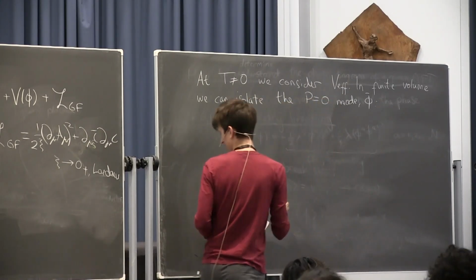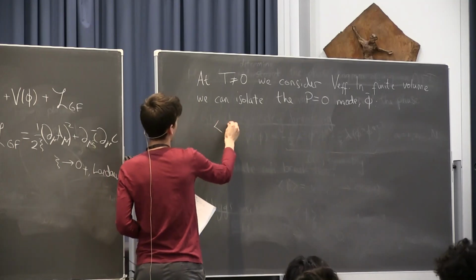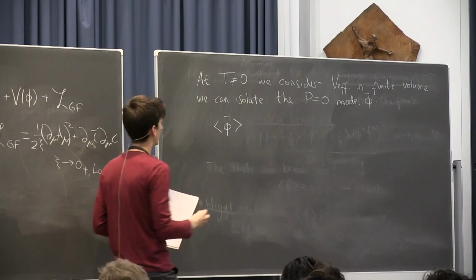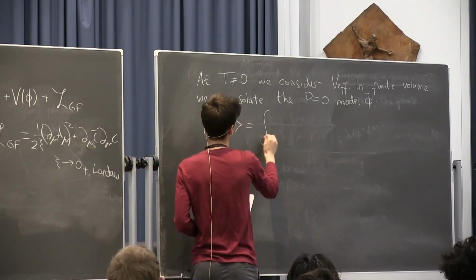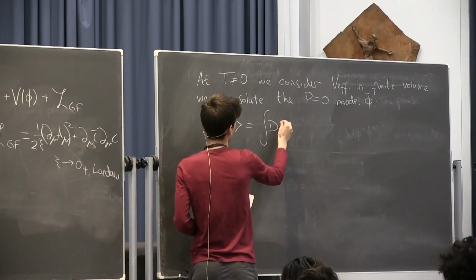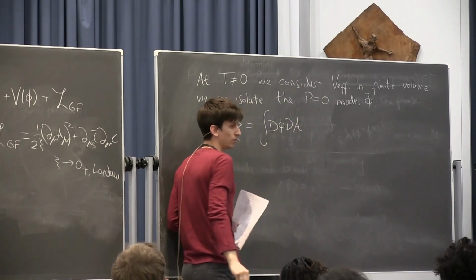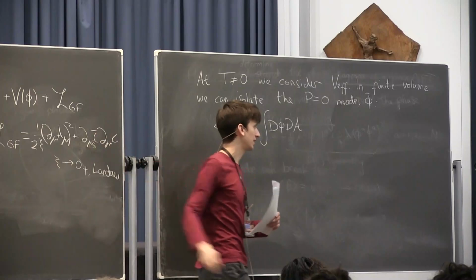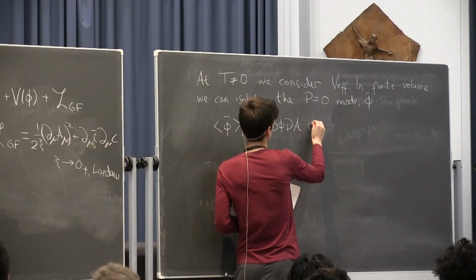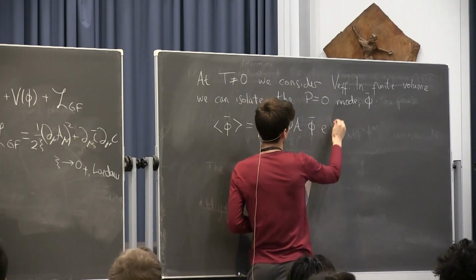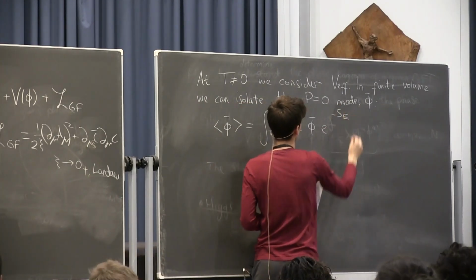And if we consider the expectation value of this P equals zero mode in our model, so we're going to integrate over all fields. The ghosts decouple, so we can drop them. Then we want phi bar, which is this P equals zero mode, e to the minus the action.